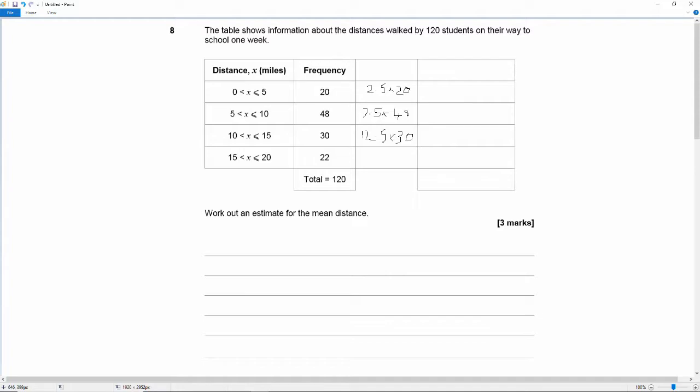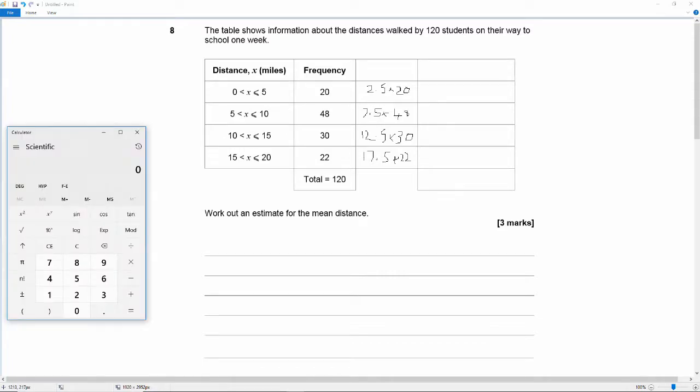And then between 15 and 20, the halfway point is going to be 17.5, and I'll use my calculator the same way if I didn't know that. Times 22. Okay, so we're just multiplying the mean by the frequency.